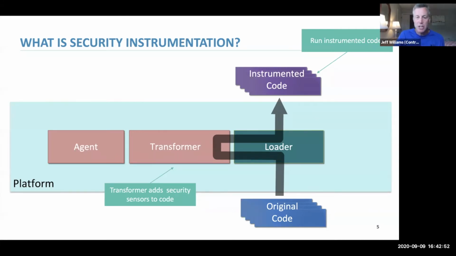So here's how instrumentation works. This is a picture of the Java instrumentation API, but it works pretty similarly in .NET, Ruby, Python, and other languages. Essentially, as the code loads from your disk into memory, there's an opportunity to add sensors to that code.